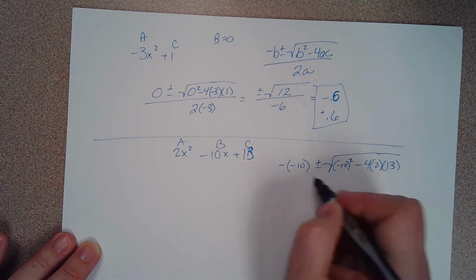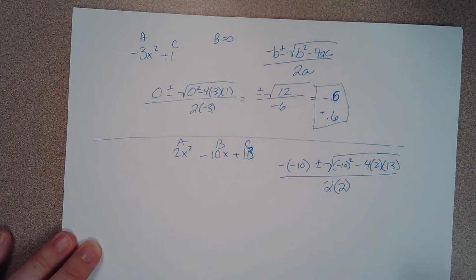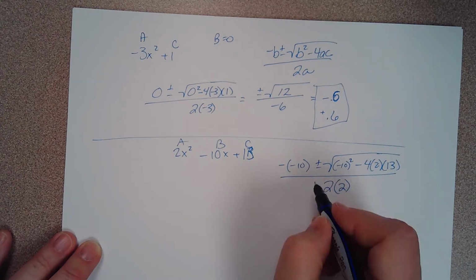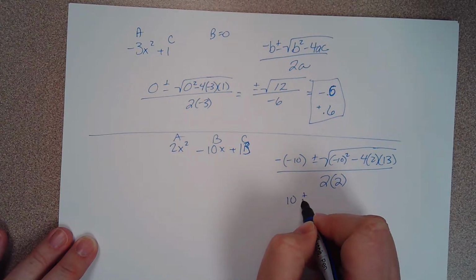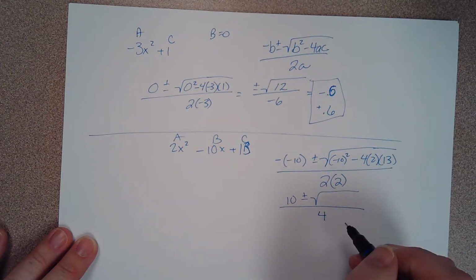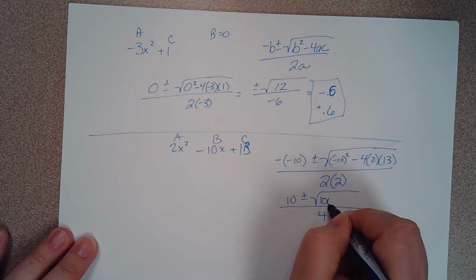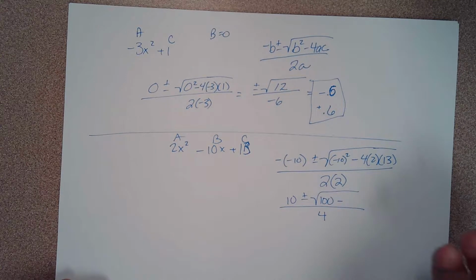On the bottom is times 2 because it's going to be 2 times A. Two negatives make a positive, so it's going to be 10. The bottom we know will be 4. Negative 10 squared is going to be 100, minus 8 times 13, which is 104.